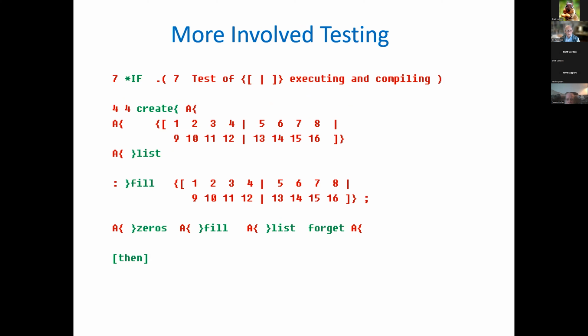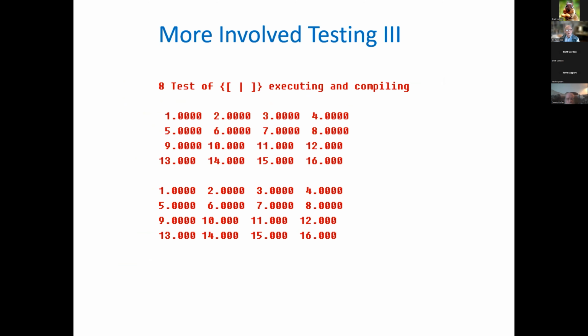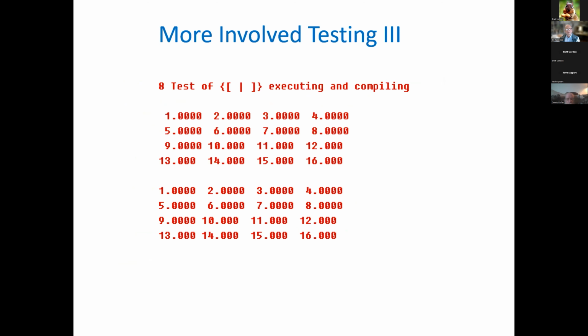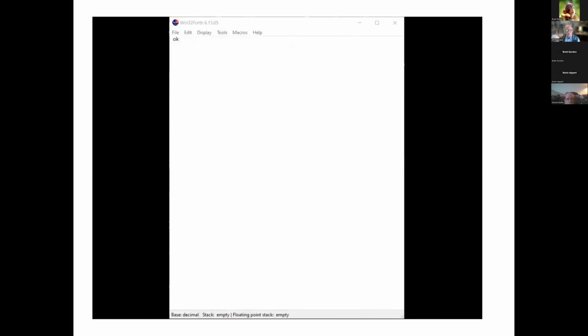The A bracket list will list it, and then the fill fills it again. Actually, this whole thing is the test routine. So in the test routine, it creates these matrices and loads them and displays them. And sure enough, we get a fairly elaborate test routine here, which has created those matrices and loaded them with values and displayed them. This is a real life example.